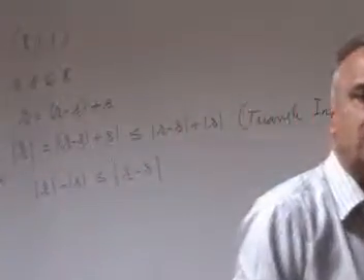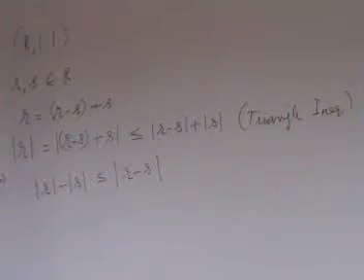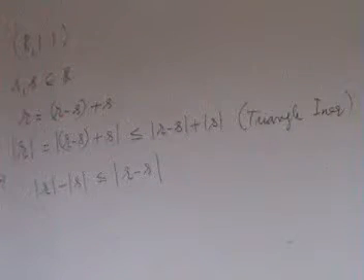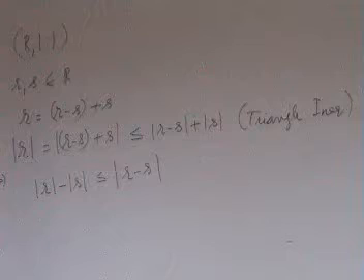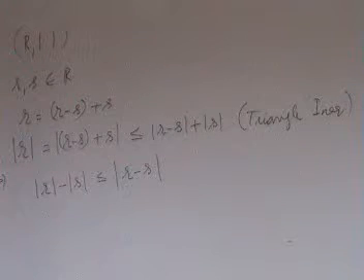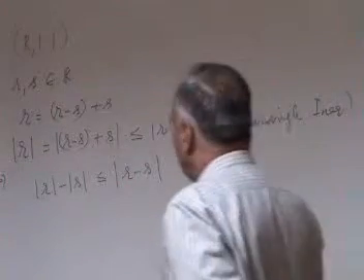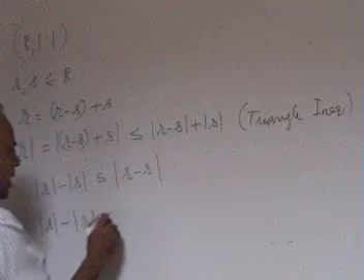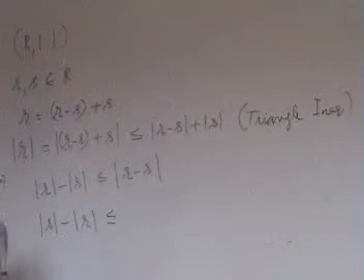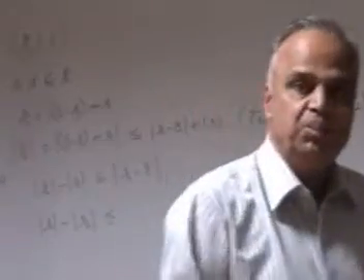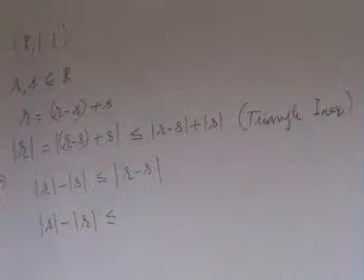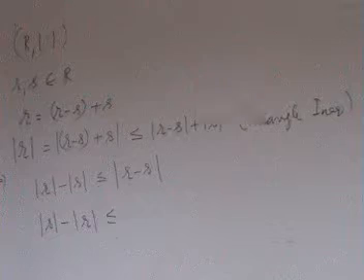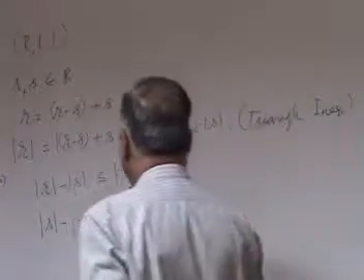So the absolute value of r minus s is less than or equal to the absolute value of r minus the absolute value of s. Now interchange the role of s and r. What will you get? The absolute value of s minus the absolute value of r is less than or equal to the absolute value of s minus r. But the absolute value of s minus r is the same as the absolute value of r minus s.